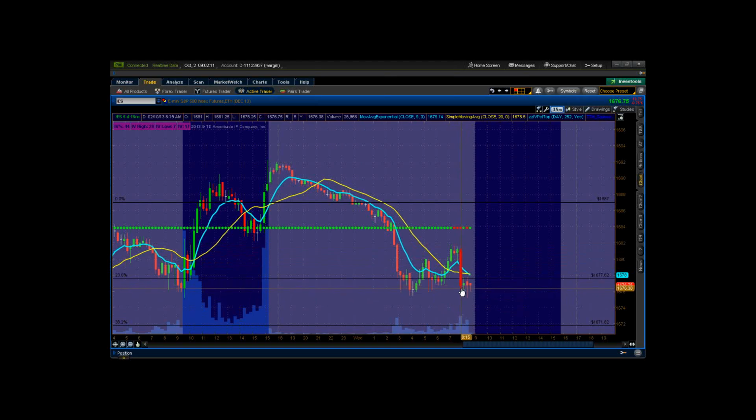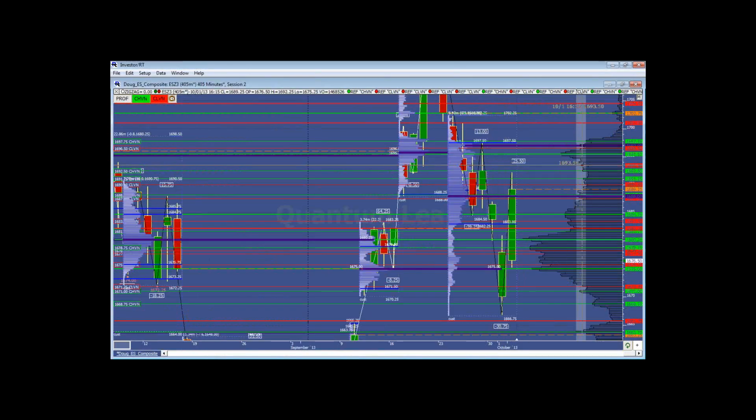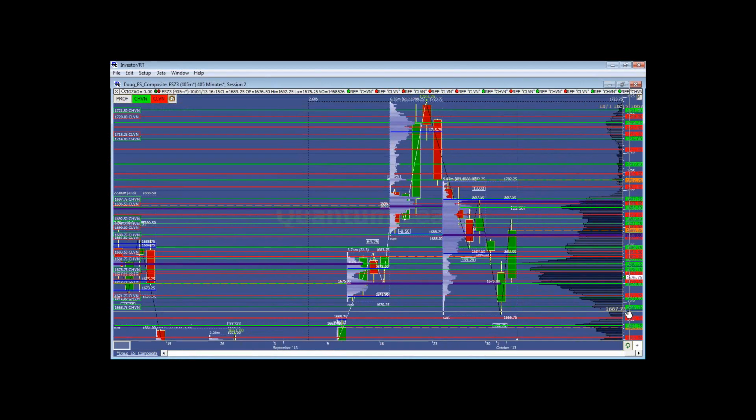News came out, and we came back down below the 9 and the 20, and now we've got an MA hug on the 15-minute on the 9 and the 20. So there's weakness coming in here, but the moving averages are showing us that we've got indecision, or we're at a decision point. Going over to the composite.